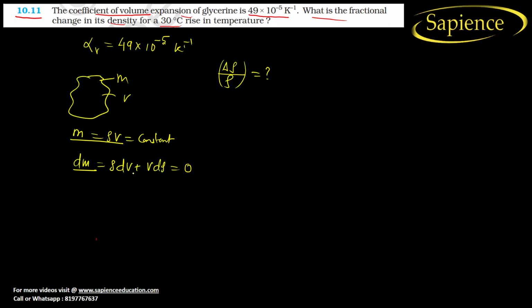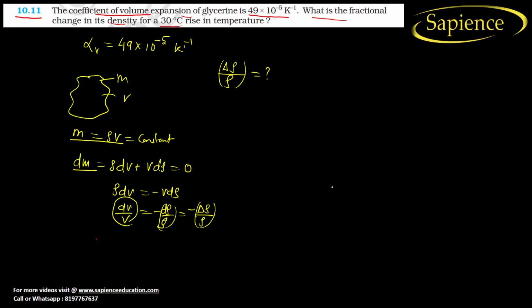So finally, from here we can write rho into dV is equal to minus V into d rho. So from here dV by V is equal to minus d rho by rho, or we can also write minus delta rho by rho. So basically, if we find dV by V, then we can easily find delta rho by rho.